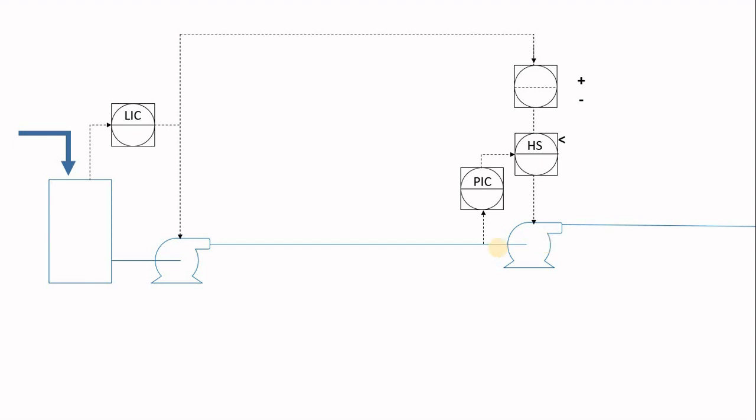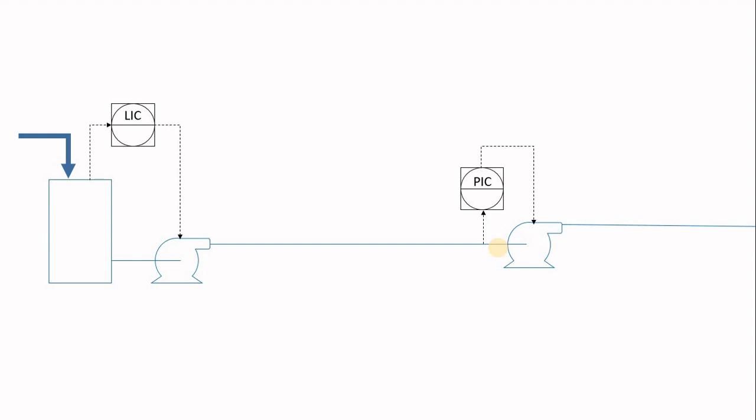So this is the control scheme which we use in this scenario, but to make it run smoother, I found that a lot of operators decouple the LIC and the PIC. So in this case, this pump will run to satisfy the level, and this pump will run to satisfy the minimum suction pressure.